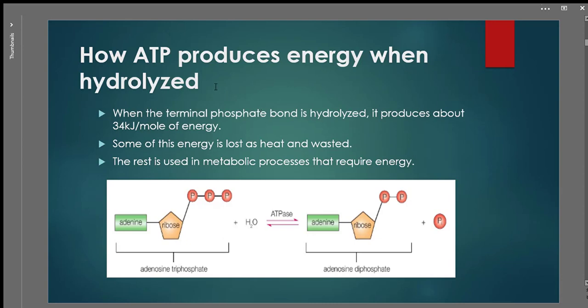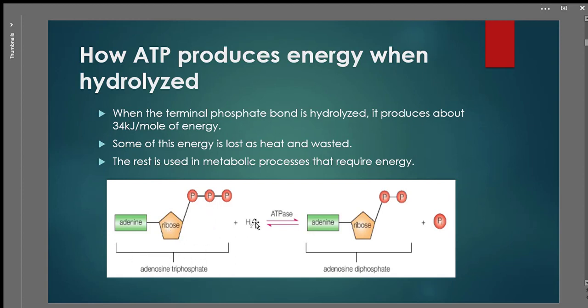I mentioned in our first video, if you happened to watch it, that for every hydrolysis of 1 mole of ATP, 4 kilojoules of energy are released, meaning that when this last phosphate group is broken down, you see in our diagram here we have the 3 phosphate groups attached to form adenosine triphosphate.